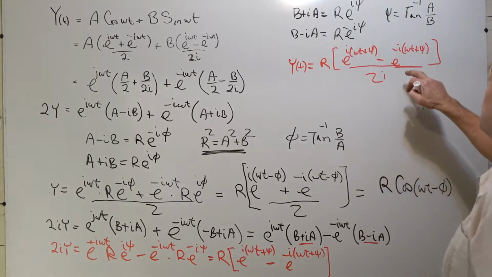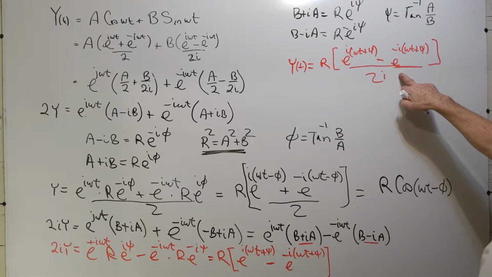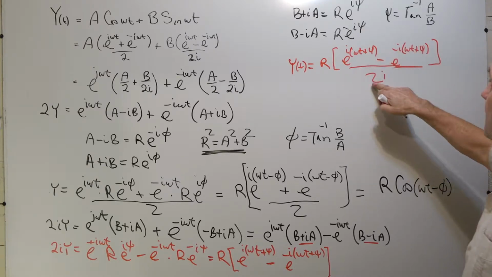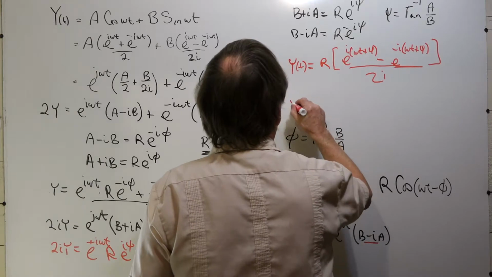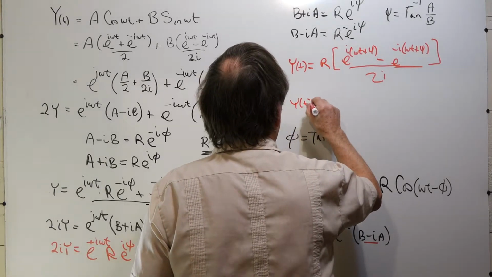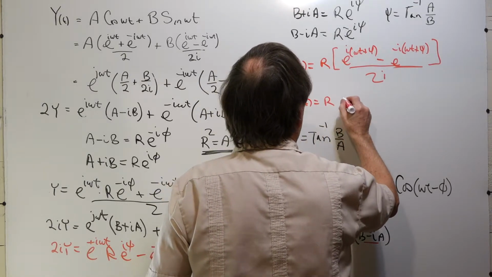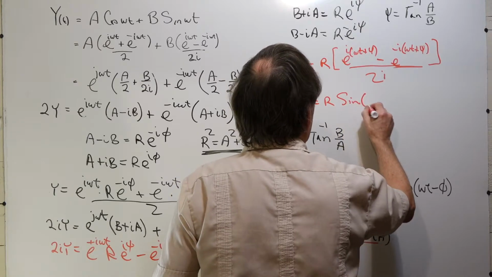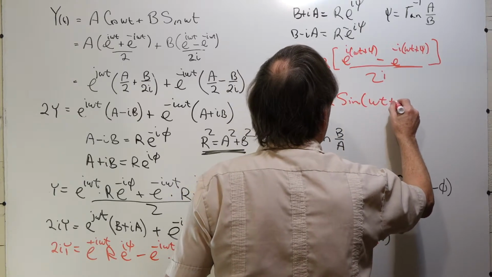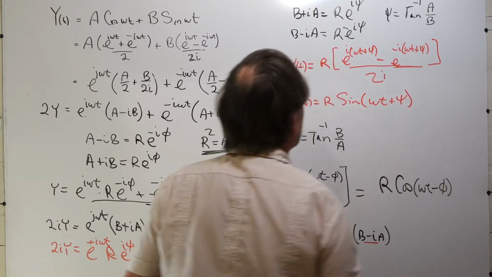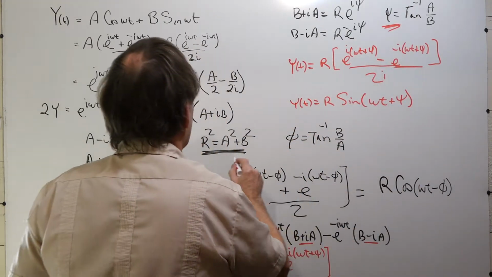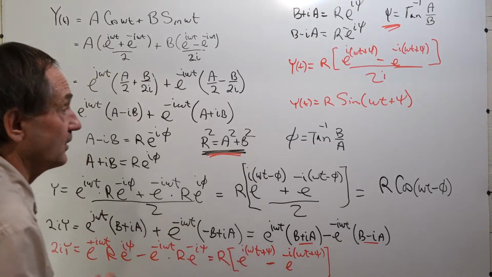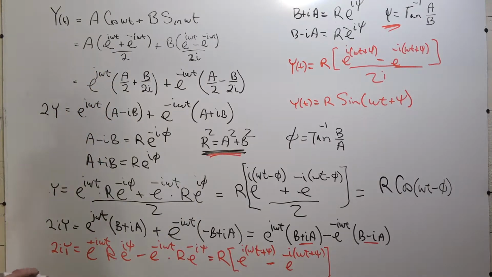We recognize this form as being the sine of omega t plus psi. So y of t can also be written as R times the sine of omega t plus psi, where psi is given by this, and R is the square root of A squared plus B squared.